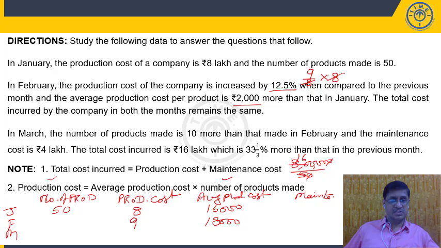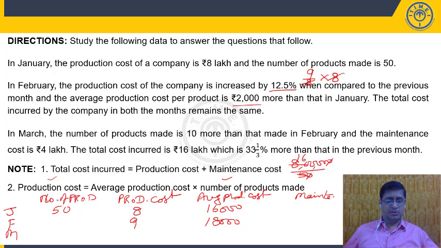The total cost incurred in both the months remains the same. Average production cost is more in February. So in the February month, 18,000 is the average cost of production, and the production cost is equal to 9 lakhs. Average cost into number of products is equal to total production cost.